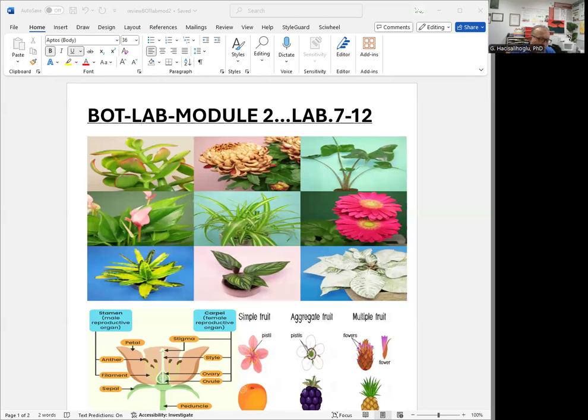Make sure that you know their scientific name and class. Class could be monocot, dicot, or some other class if it is not a flowering plant. Okay, for example, magnolia, Magnolia grandiflora is the scientific name, and class is dicot.